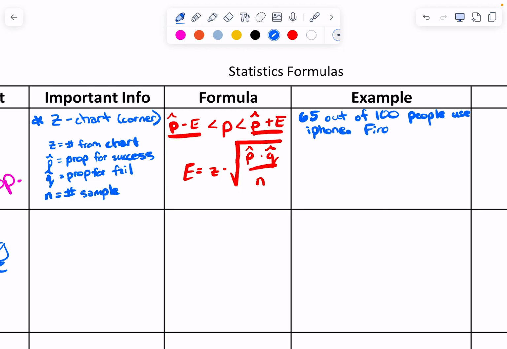Find the 95% confidence interval for the proportion of all people who use iPhone. Who are my iPhoners and who are my non-iPhoners? We're finding a 95% confidence interval.